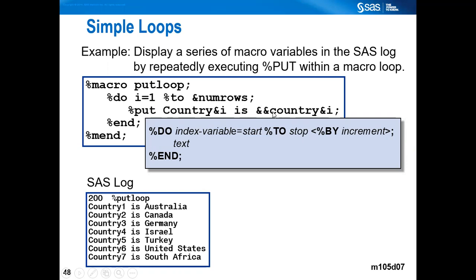So this is indirect referencing, which will refer to the value for whichever macro variable you are referring. So it will be country1, that means it will be Australia. So your syntax for do loop is the same as your base SAS, but these keywords do, to, by are keywords. Hence, they are written within your macro. Therefore, they have to be preceded with a % sign. All fine? Understood?